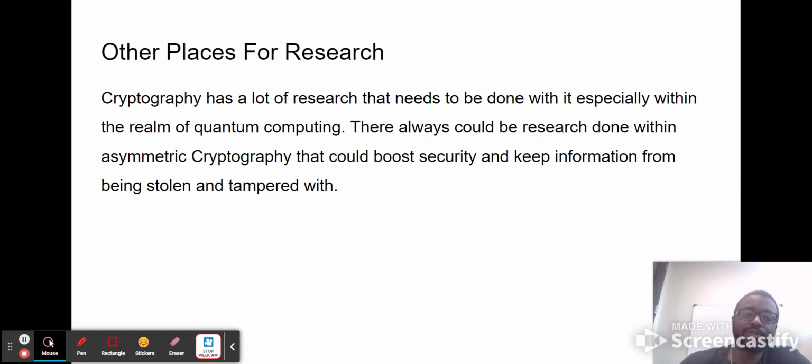So other places for research for cryptography. Cryptography has a lot of research that needs to be done with it, especially within the realm of quantum computing. There always could be research done within asymmetric cryptography that could boost security and keep information from being stolen and tampered with, right? I didn't mention this, but it's very important to maintain within information security the CIA: confidentiality, integrity, and authenticity.